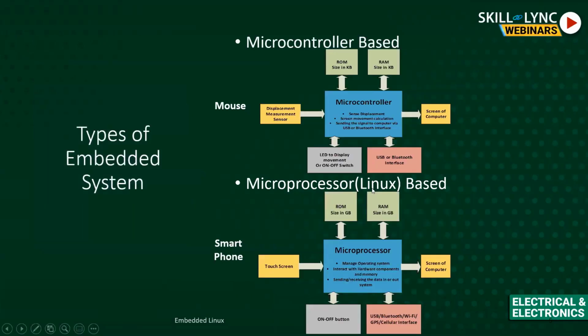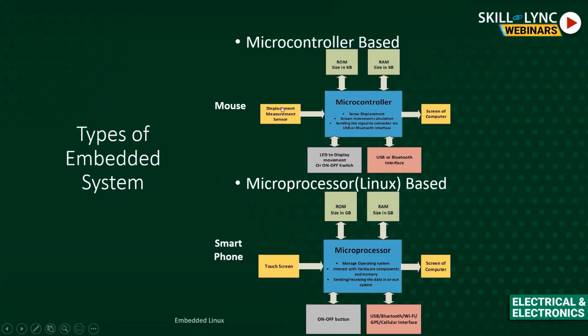So as we've seen here, the microcontroller based system, which I just explained, has the input as displacement measurement sensors. For example, we can say wheel. To take the input, sense the displacement, the screen movement calculation takes place at the microcontroller. Then it sends the signal to the computer via USB or the Bluetooth interface and displays it on the screen, right?